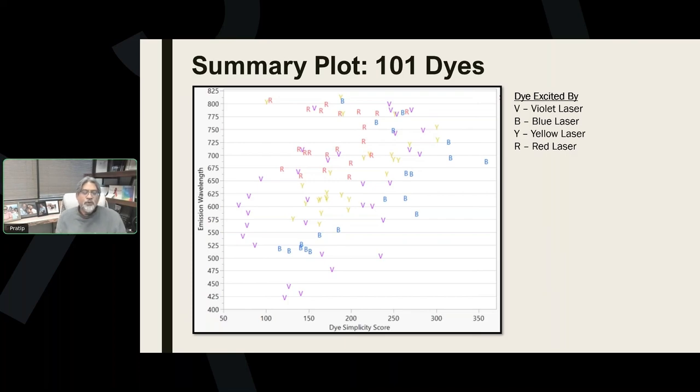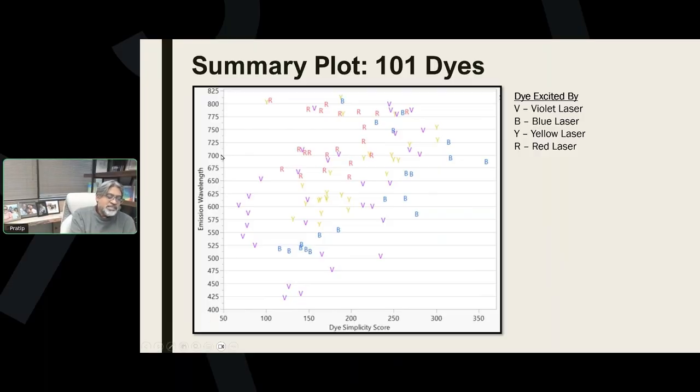And I did this for all the lasers except the UV laser, because there are a lot of choices off the UV. They're mostly brilliant UV dyes, and many of them are going to be less complex just because there aren't that many places for them to spread into. But we can repeat this, and we will repeat this with the UV dyes.